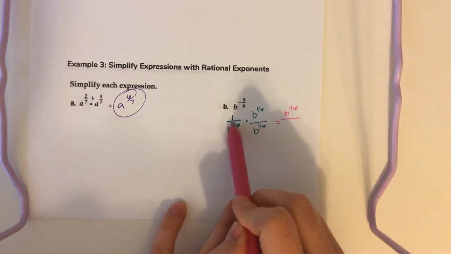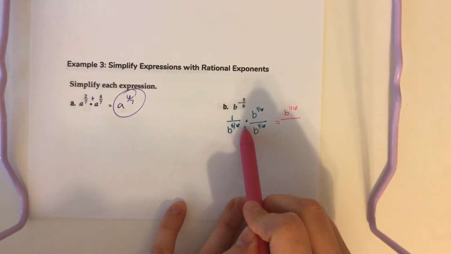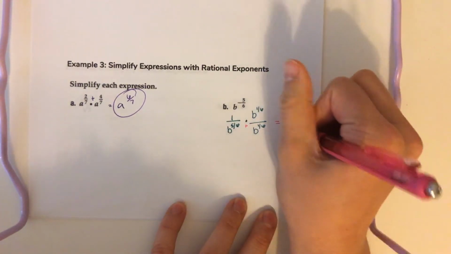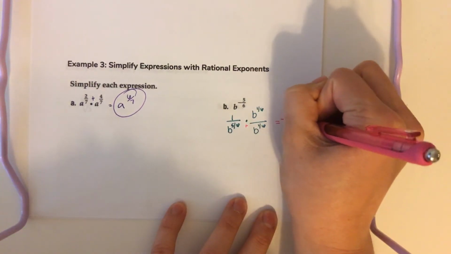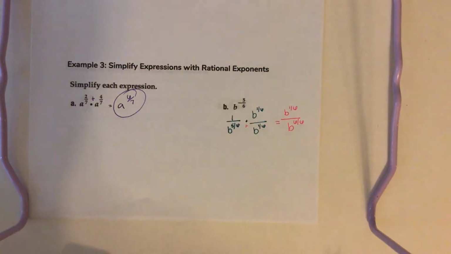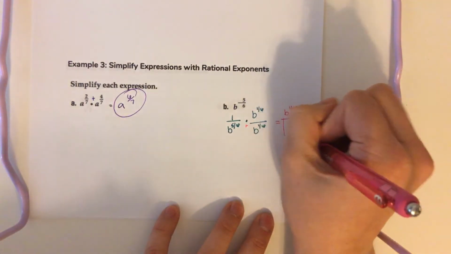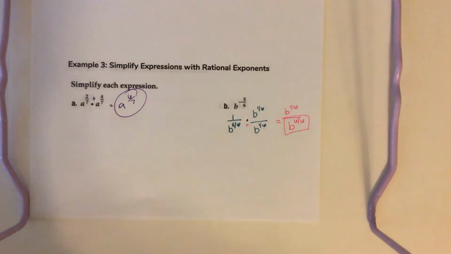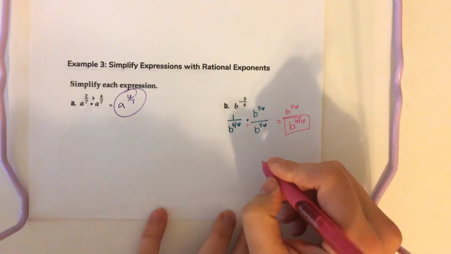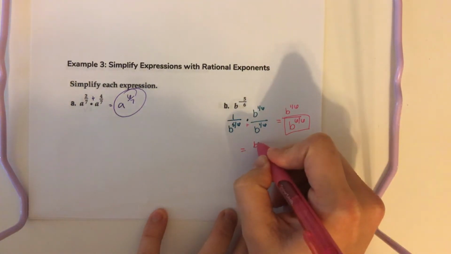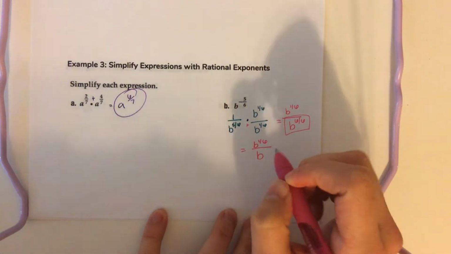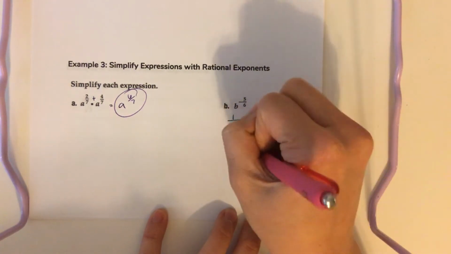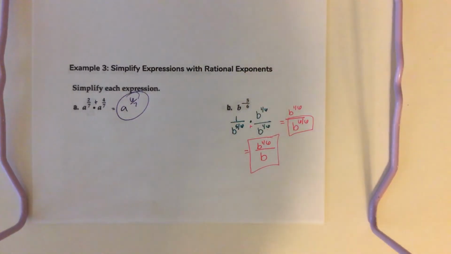I can add these two fractions together. 5/6 plus 1/6 is 6/6. Well, this right here is just b to the first power. It's just b. So this becomes b to the 1/6 over b. And this would be our simplified answer.